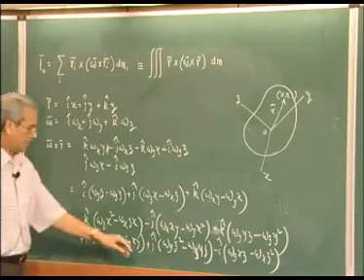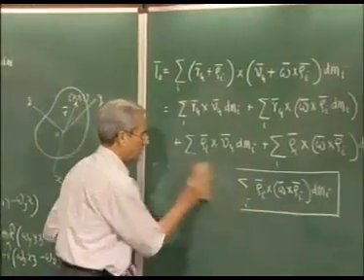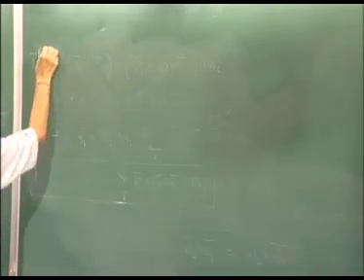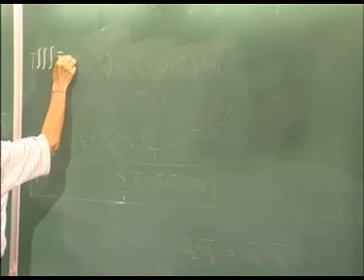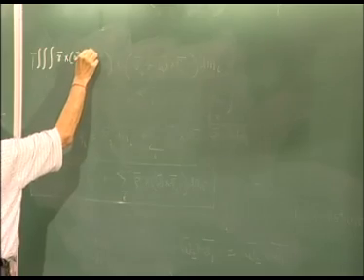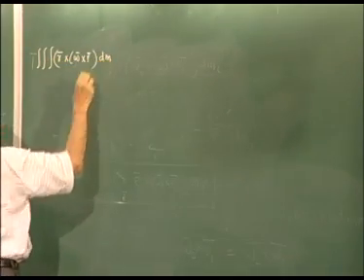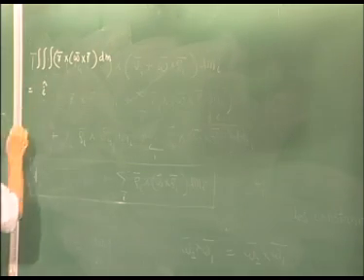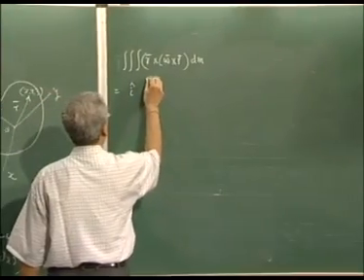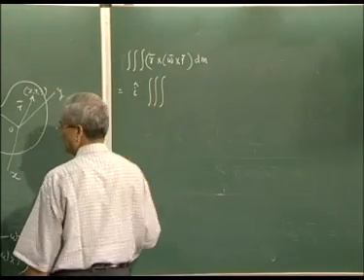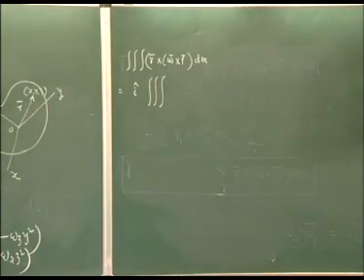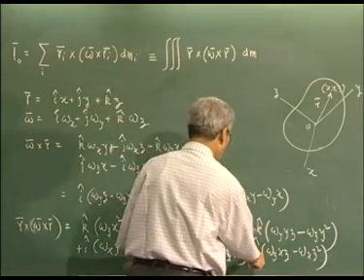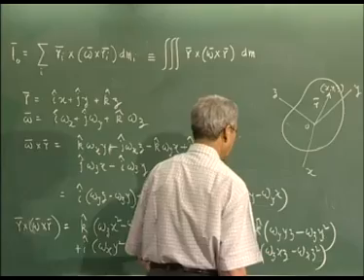Let us put it in a neater form. So, we can say that the integral over the whole body can be written as i times omega x y squared minus omega y x y minus omega z x z minus omega x z squared.